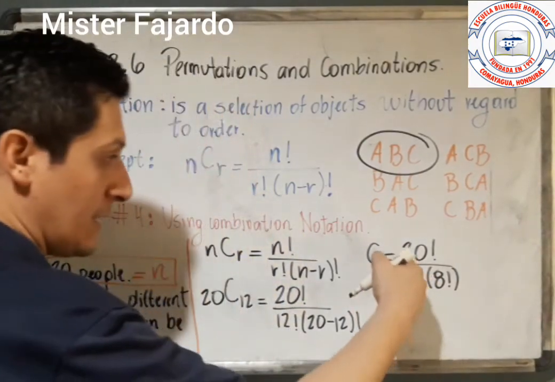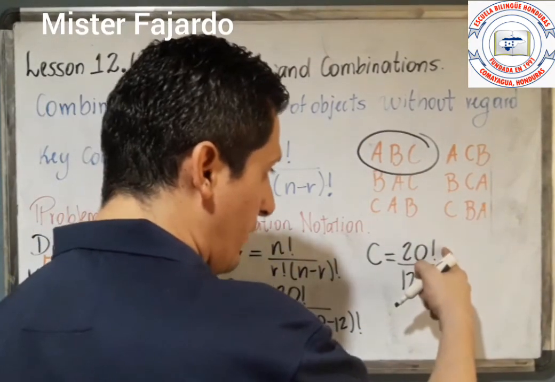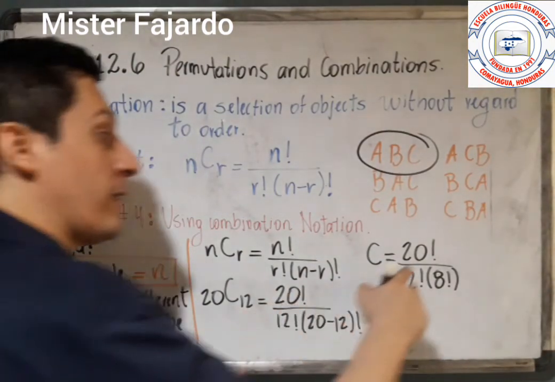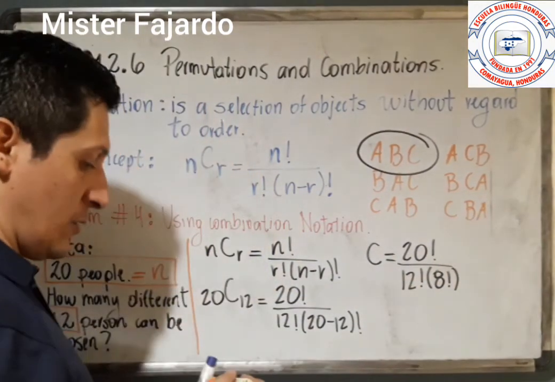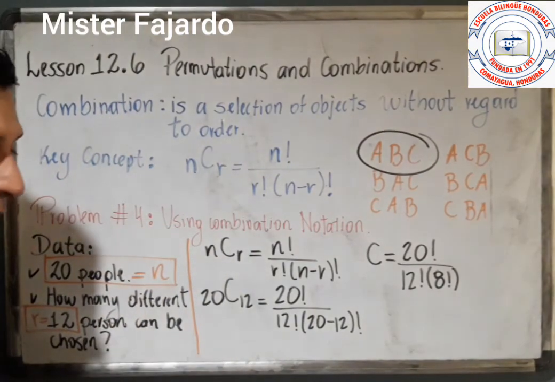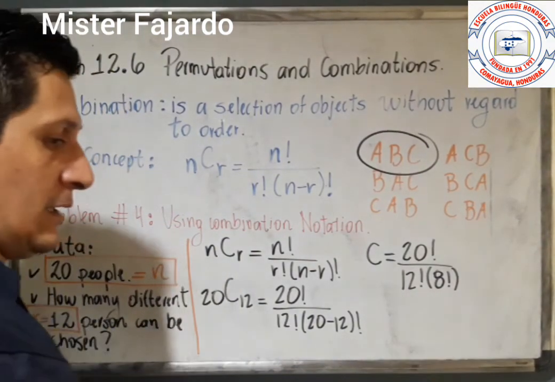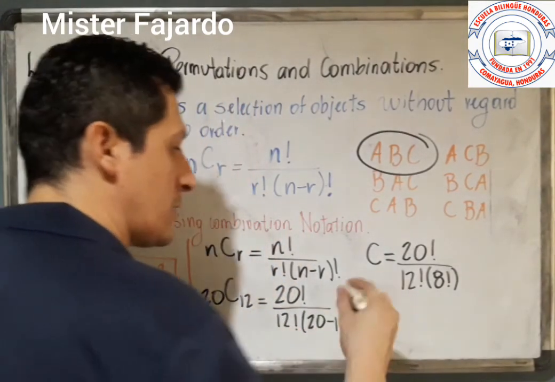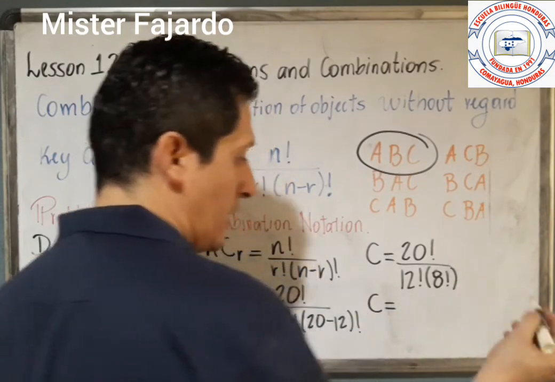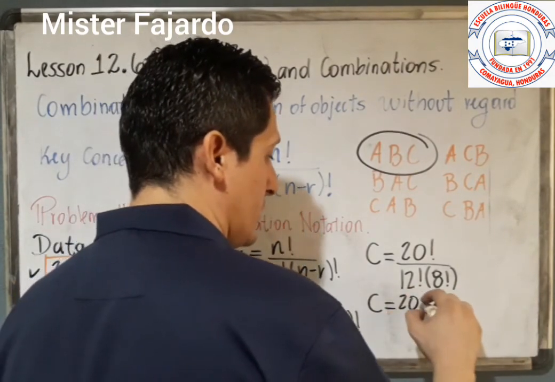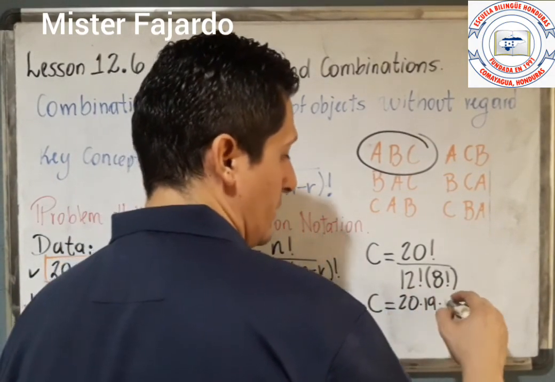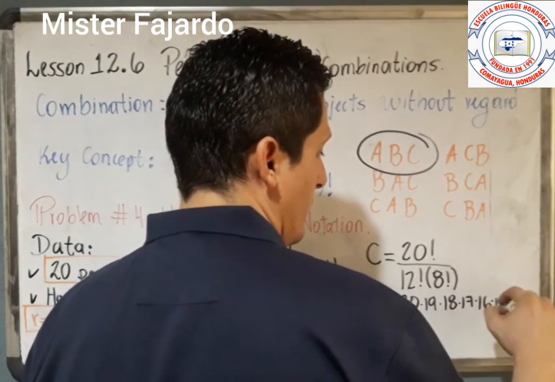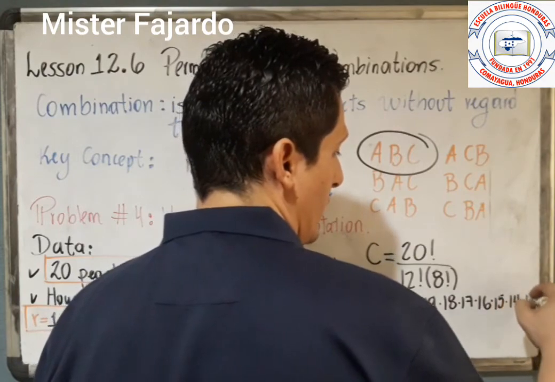If you see that you have 20 factorial and 12 factorial, you can eliminate the factorial of 12 values up here. That means that you're going to have 20, 19, 18, 17, 16, 15, and you're going to eliminate all the other ones that are 12 and below, okay? That means that you're going to have something like 20 times 19 times 18 times 17 times 16, 15, 14, and 13.